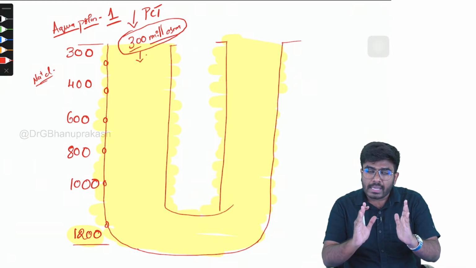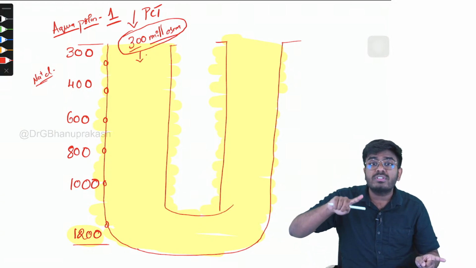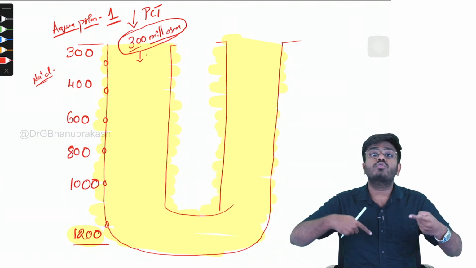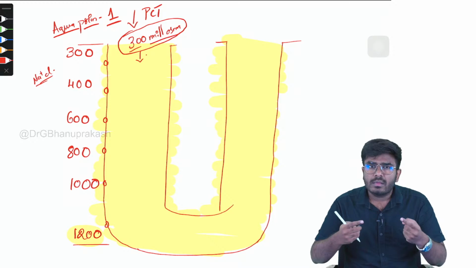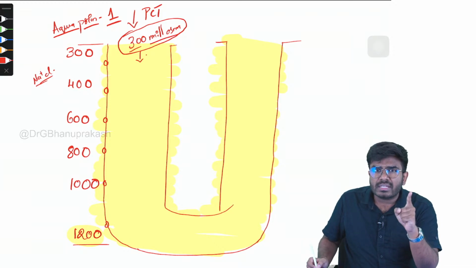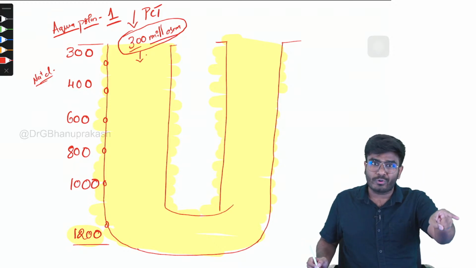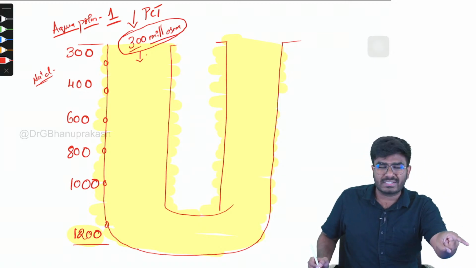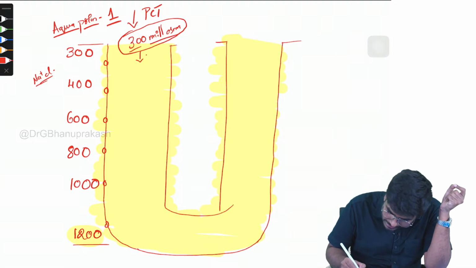So what's happening? Outside the nephrons, outside the loop of Henle, there is so much sodium chloride, or so much hyperosmolarity. So what we should understand, wherever there are solutes, water will go towards the solutes. So what's happening now?